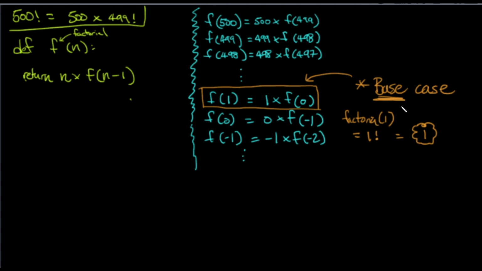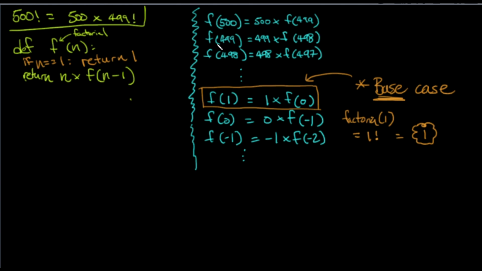And so we're going to code that base case into our function and say that if n is 1, then we do know the answer. Factorial of 1 is easy. We're just going to return 1. So what's going to happen now? We're going to call factorial of 500.